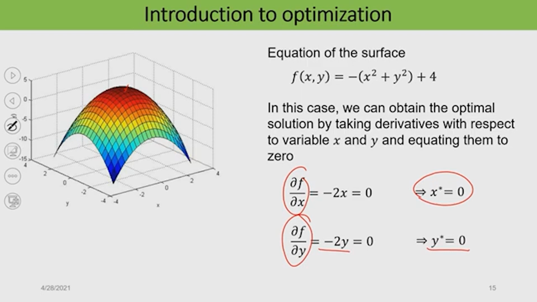Therefore, the solution of this function is (0, 0), or you can say the optimal solution, or the maxima of this function, is at (0, 0). I think you have already solved this type of problem at your school level. What we are doing here is taking the derivative and equating it to 0, since the derivative value is 0 at the optimal point.